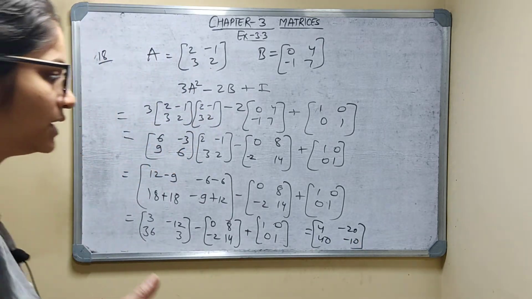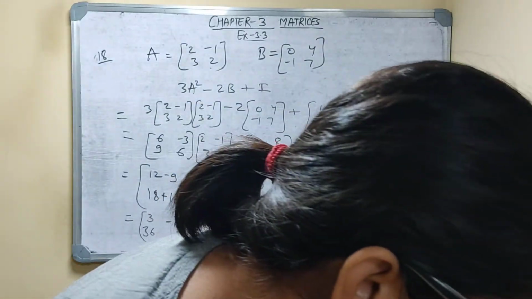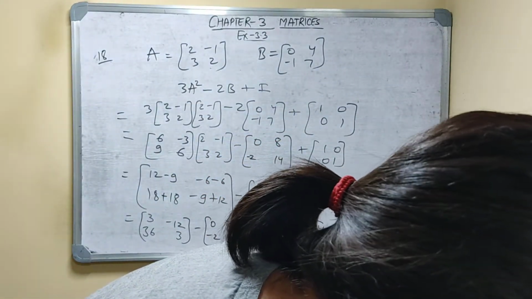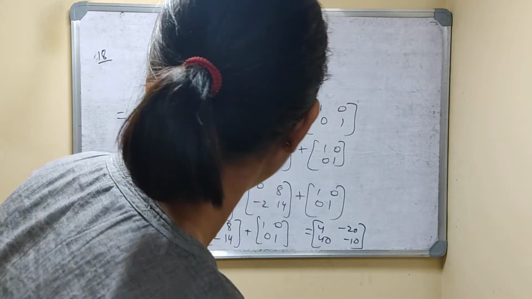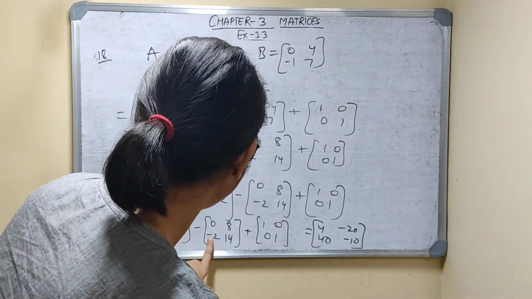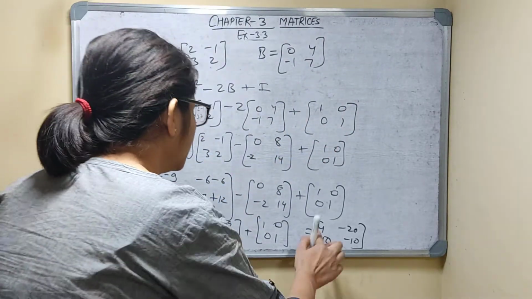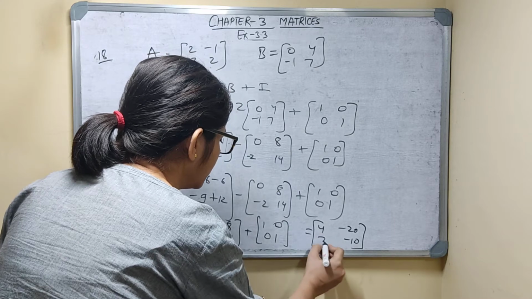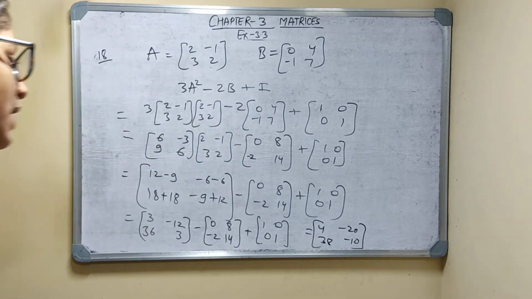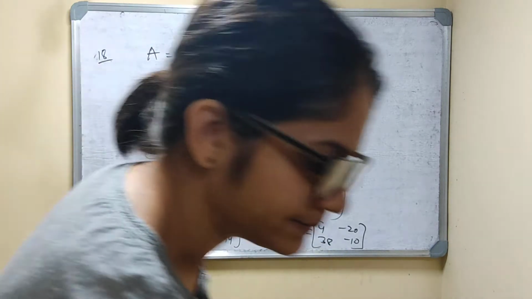So the answer is 4, minus 20, 40 and minus 10. Let's check. 4, minus 20, here I am getting wrong. 36 minus minus 2 plus 2, here it is 38. 36 plus 2 is 38, minus 10.